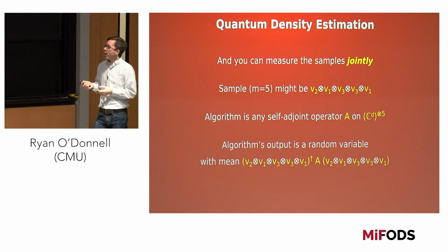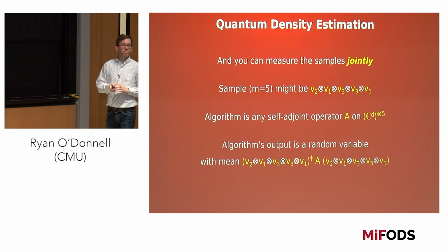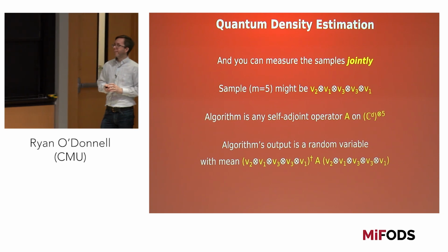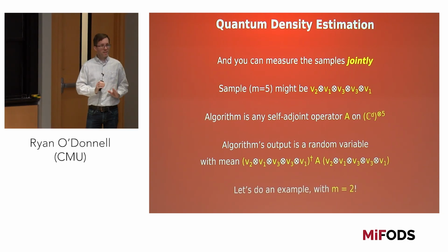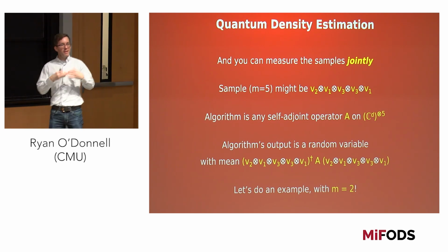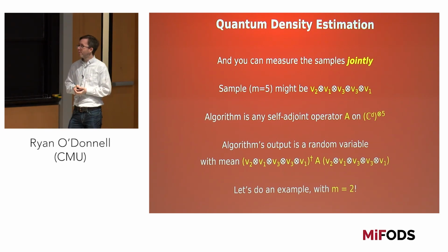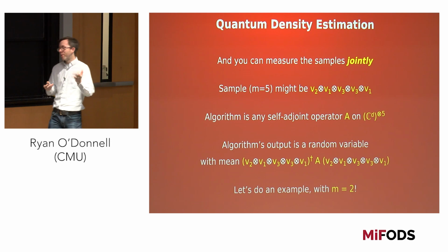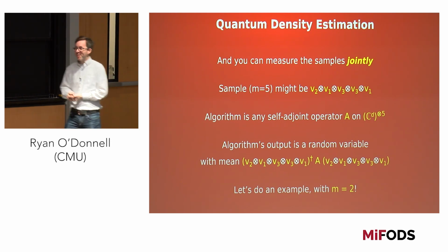And the algorithm's output is a random variable with mean, again, this vector transpose A times this vector. OK? So it's looking a little crazy. Let's do an example. And we'll do an example with m equals 2, the least non-trivial, anyway, the next simplest case after m equals 1.